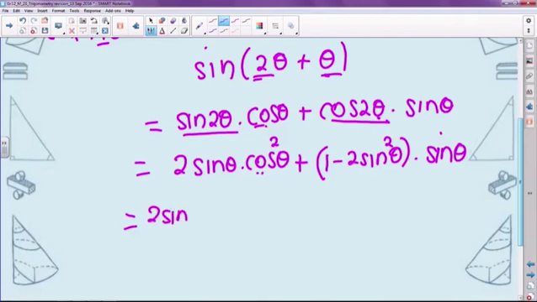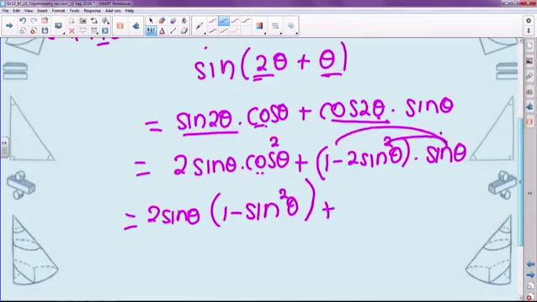We're going to say cos squared theta we can rewrite as 1 minus sine squared, because remember your basic identity, sine squared plus cos squared is 1. All right, plus let's multiply sine theta into this bracket, so I get plus sine theta minus 2 sine cubed theta.